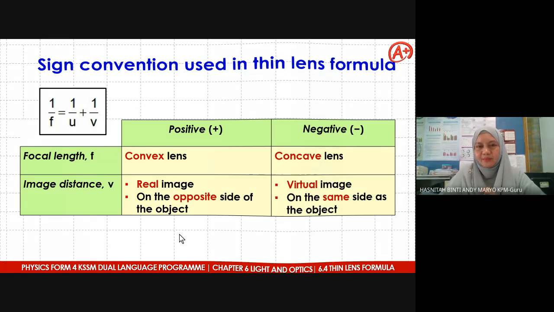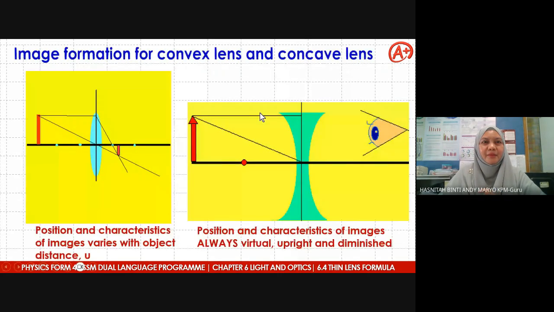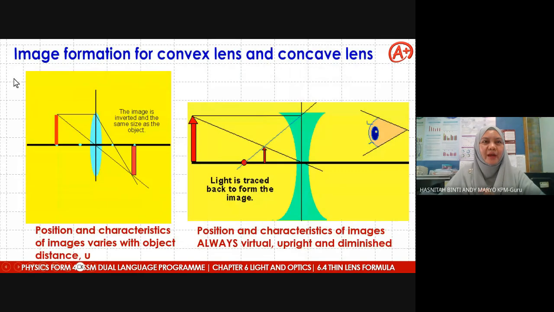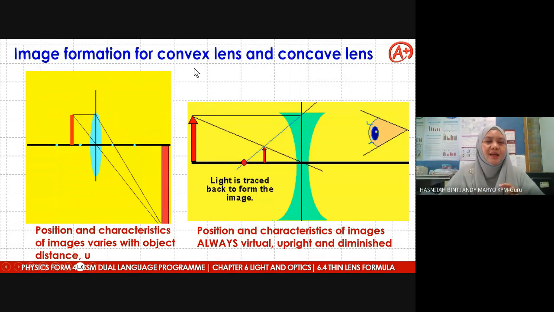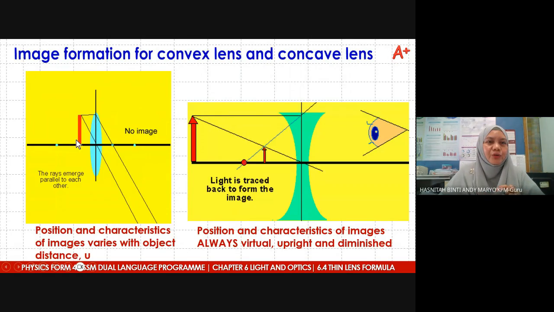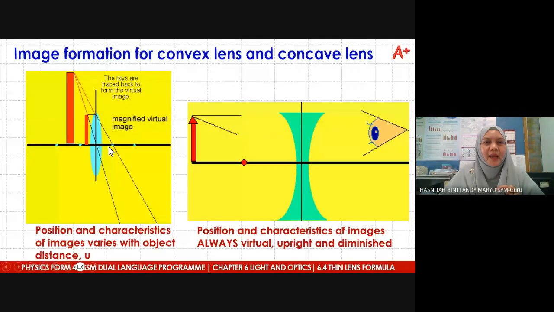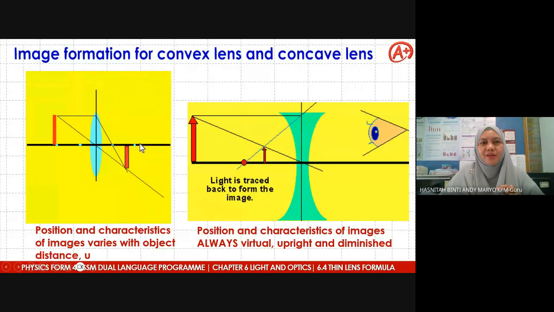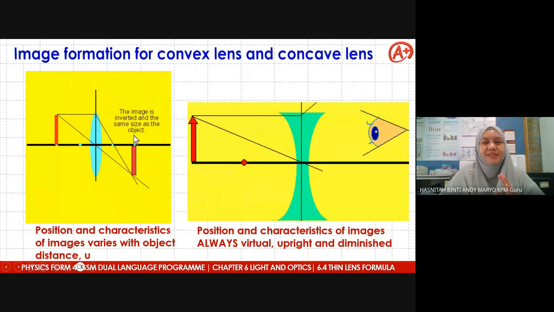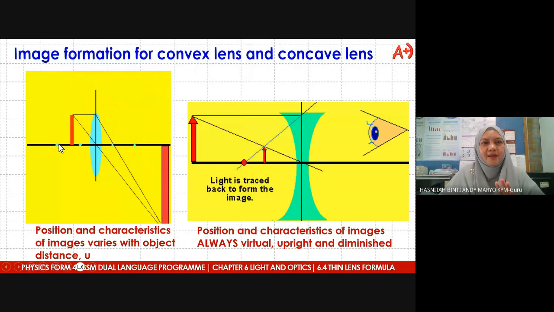Okay, example here. Before we go to the exercises, we check first image formation for convex and concave lens. These two GIFs show you the convex lens. When we change the position of the object, you can see the characteristic and position of the image varies, depending on the object distance.